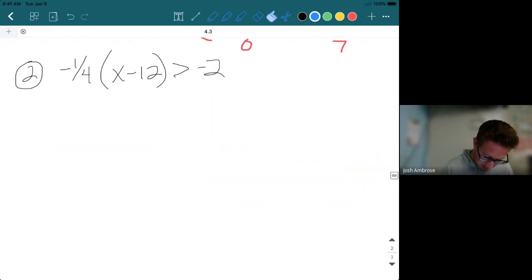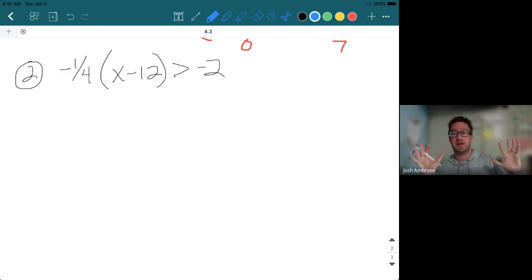Let's take a look now at our second example problem. We have a negative fraction. Let's try to get rid of that fraction. How could we get rid of this and basically not have a fraction at all? We could multiply by its denominator.